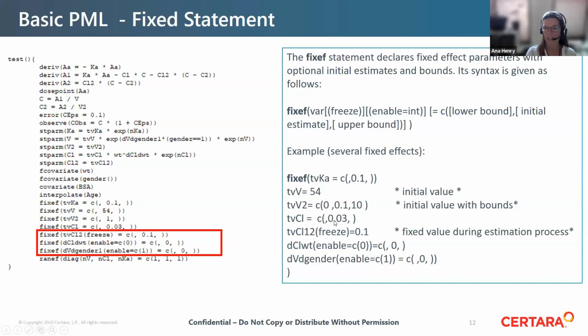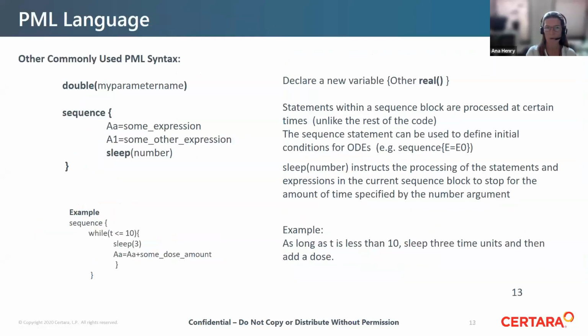It just indicates the initial value, in this case for clearance, is 0.03. If you have the word freeze, which in the wizard or the RShiny app you also saw that you can put a checkbox there, it just fixes the value during the full estimation process. And if you have enable, it enables that covariate to be part of that covariate assessment. Okay, so I don't know if we're going to show it, but there's a covariate search stepwise as well as a shotgun option within the tool.